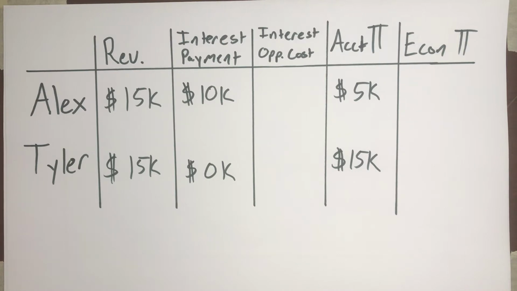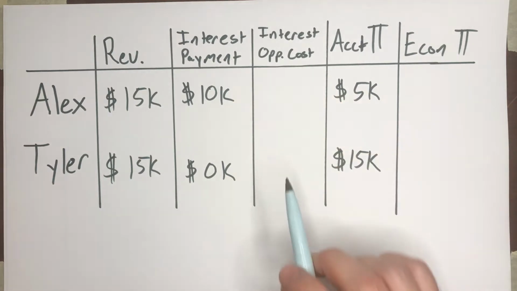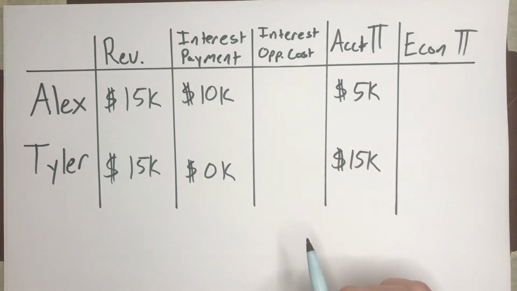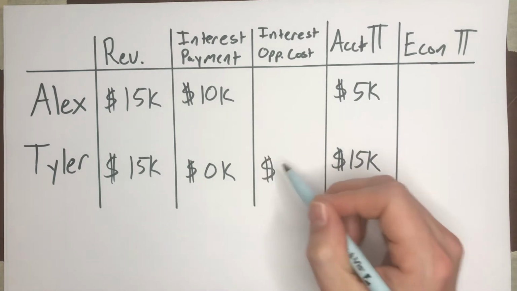Tyler could have left his $200,000 in the bank, and at a 5% rate of interest, he would have earned $10,000 a year in income. So that interest opportunity cost, if he had taken his $200,000, put it into a bank account and earned 5% per year, would have been $10,000.